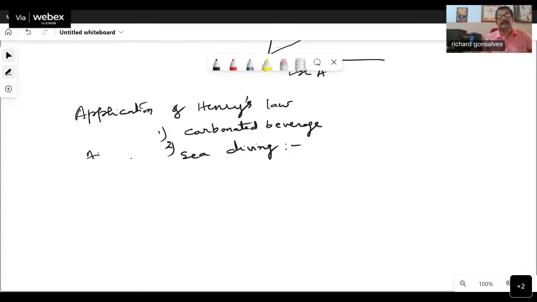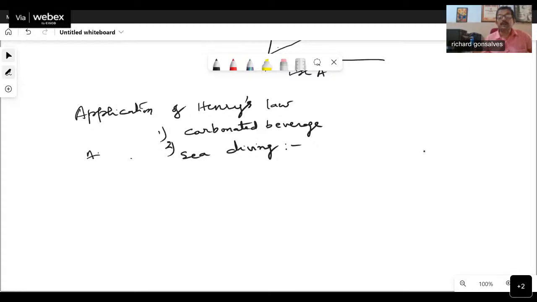Oxygen cylinder, what will happen? More oxygen will dissolve in the blood. When the person is coming up, the oxygen will come out of the veins, causing serious pain. And that is a real problem.